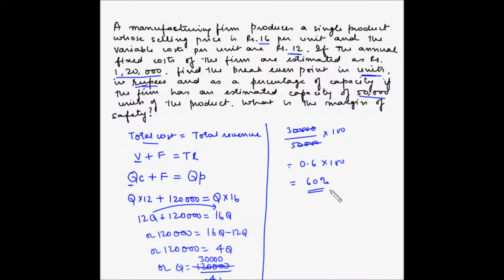In other terms, if the firm is running at 60% utilization, then it will be able to achieve a break-even point. So now moving to the next question, which is what is the margin of safety? Margin of safety is the additional units that the firm can produce above the break-even point. Or in other terms, margin of safety is the extent to which a company can reduce its production before it suffers a loss.